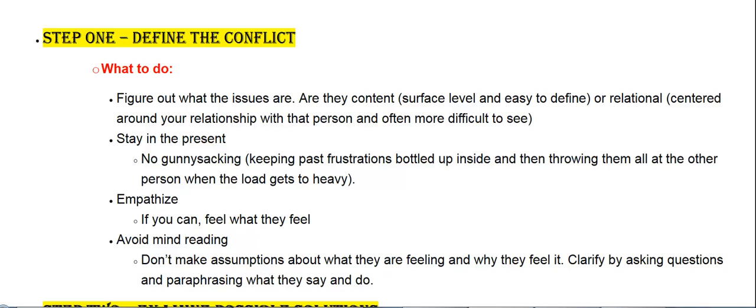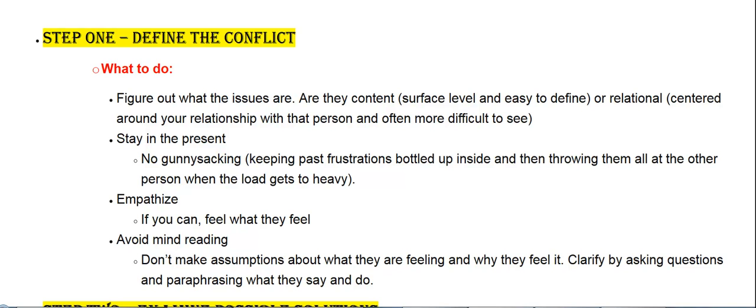The content level of that conflict is that I'm tired of the socks being on top of the hamper instead of in the hamper. The relational side of that conflict is there's a level in my head, a level of disrespect, that he knows that I will likely go around and clean up the messes that are left laying on the floor or laying on top of the hamper.